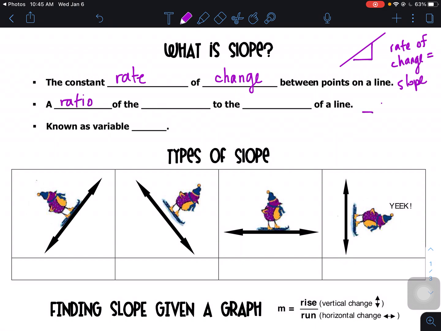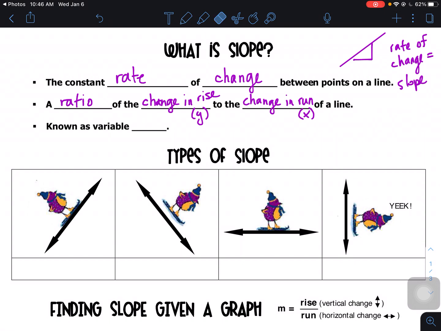So remember, ratios can be written like this, or sometimes written as two things over a fraction bar. The ratio of the change in rise, or change in y, to the change in run, or change in x.